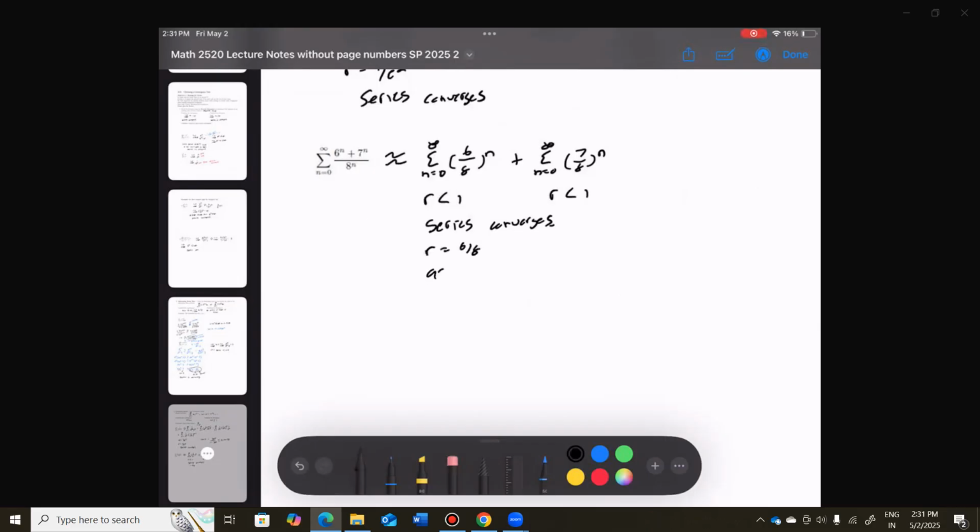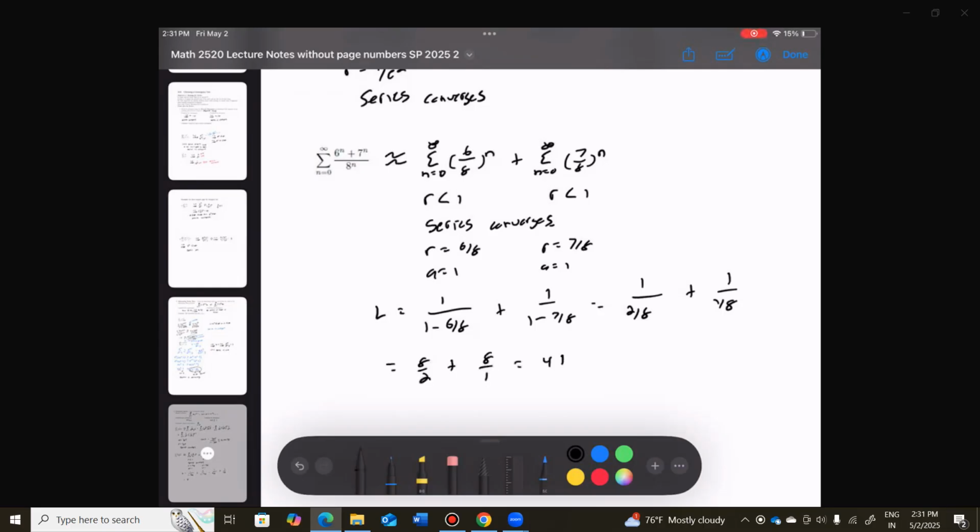A is equal to 1. Here r is equal to 7/8. A is equal to 1. So your limit is 1 over 1 minus 6/8 plus 1 over 1 minus 7/8, which is going to be 1 over 2/8 plus 1 over 1/8. 1 over 2/8 is 4, plus 8, which is 12.